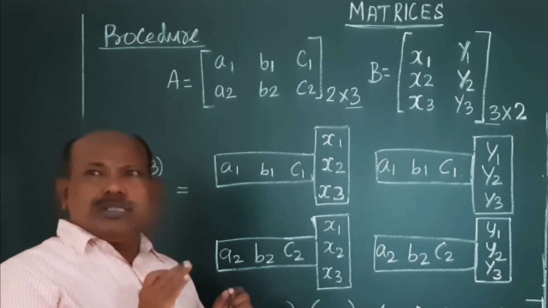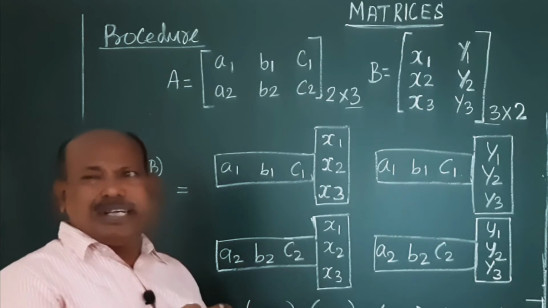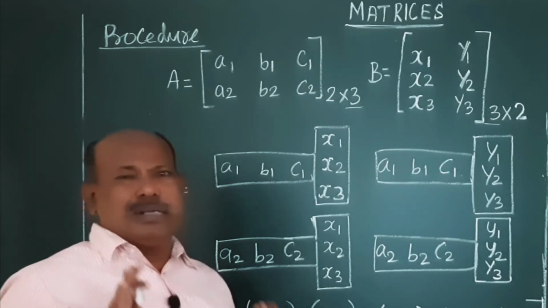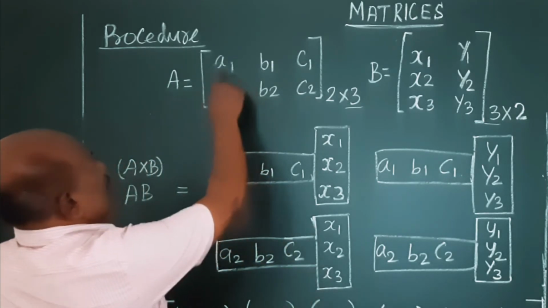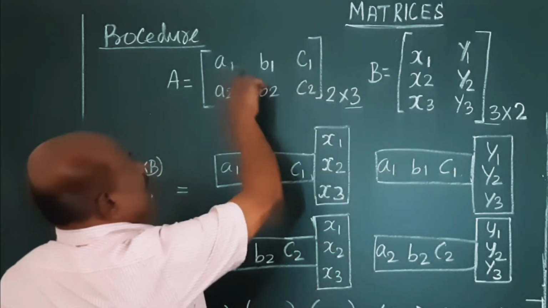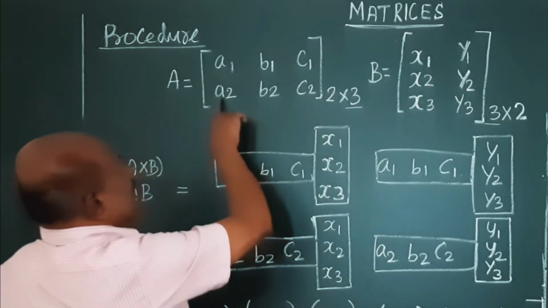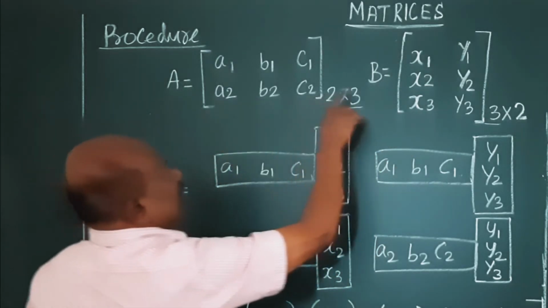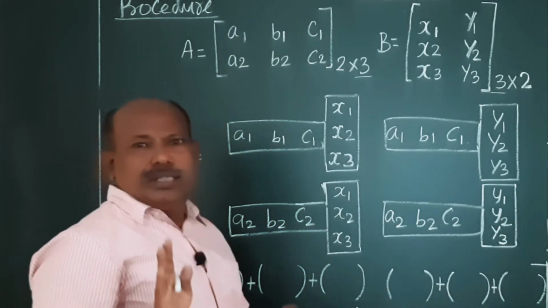Here the rows are multiplied with every column of the second matrix. It is called the row by column multiplication rule. The first row is multiplied with the first column, then the first row with the second column. Like that, the second row is multiplied with the first column, and the second row with the second column. That is the rule.